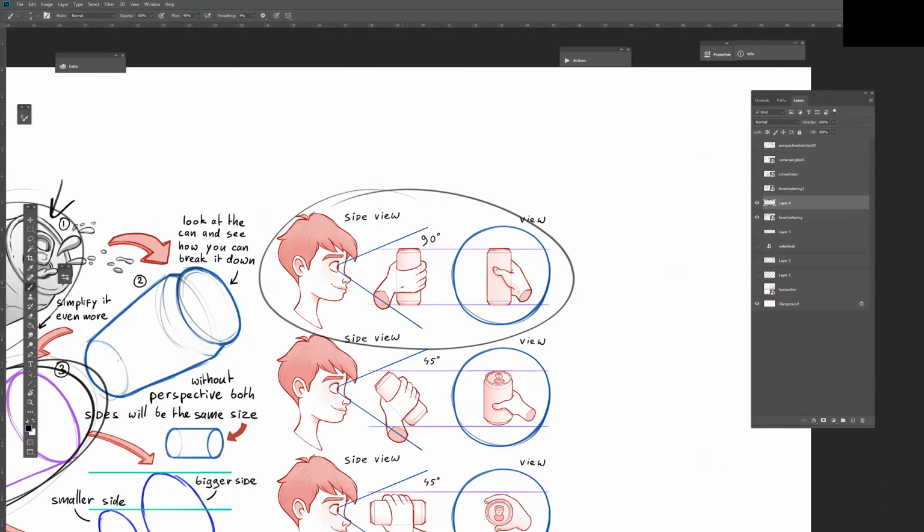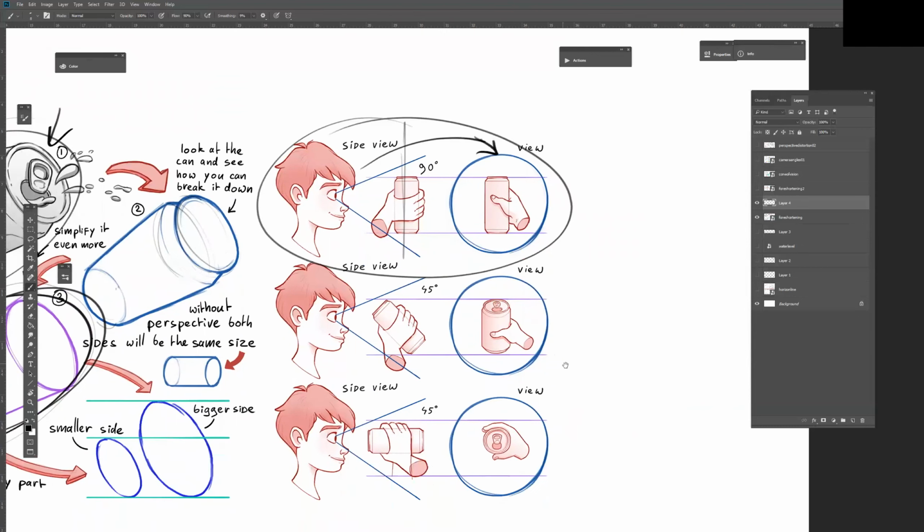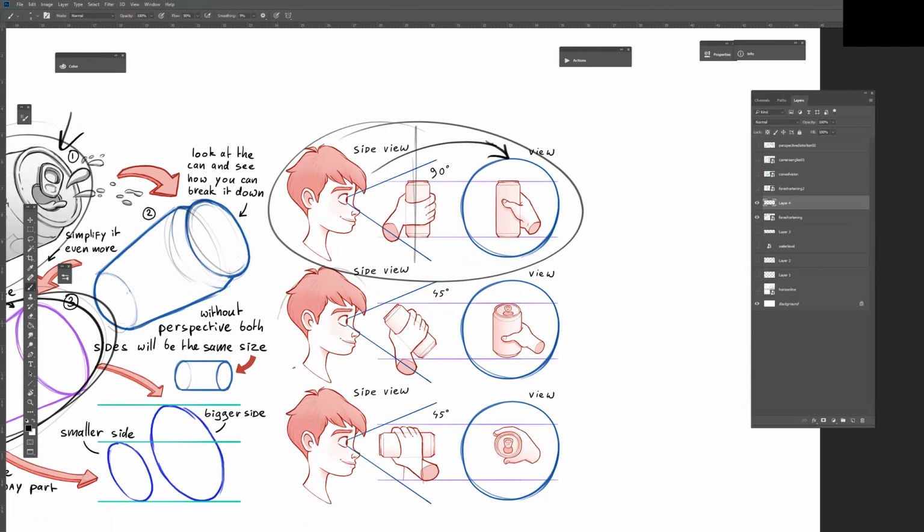So if we're sitting here, maybe you can take a can or a glass and hold it straight up, 90 degrees, like this person does. And through our eyes, it looks like this. But if we're looking at the cola can and we rotate it 45 degrees, it looks like this.